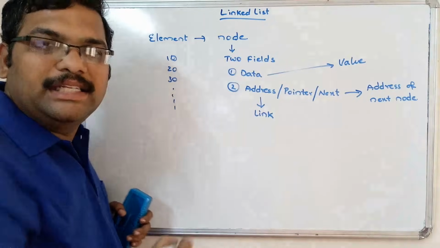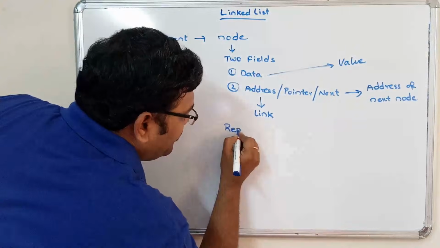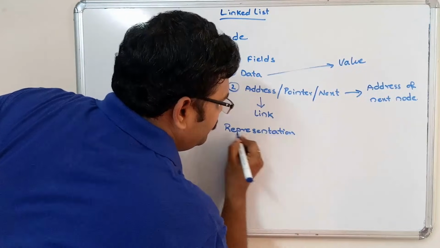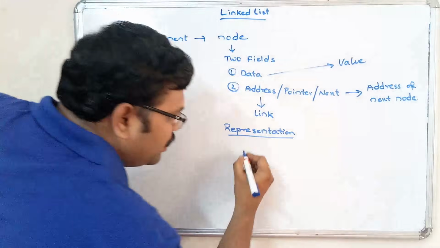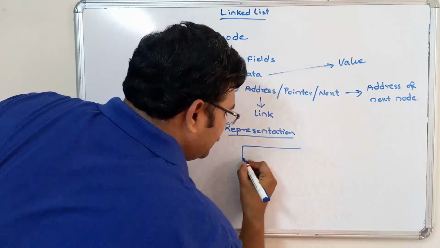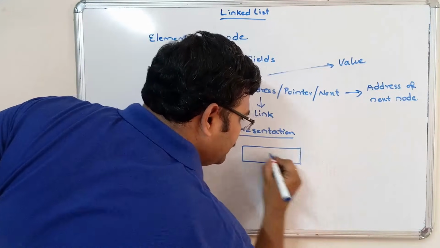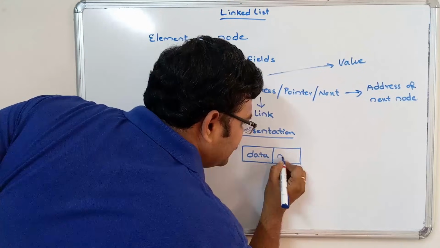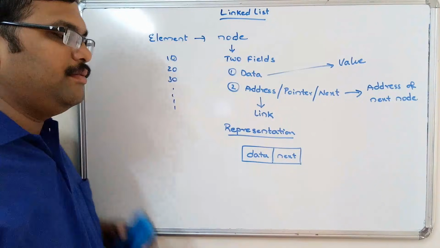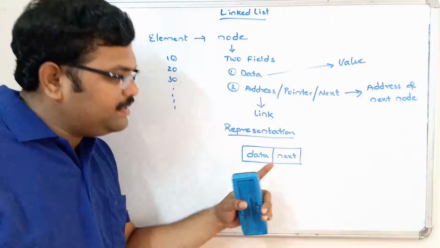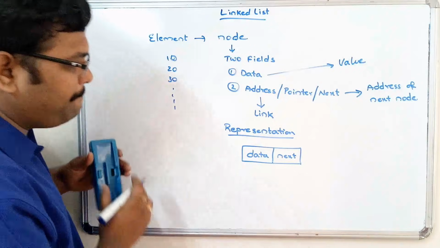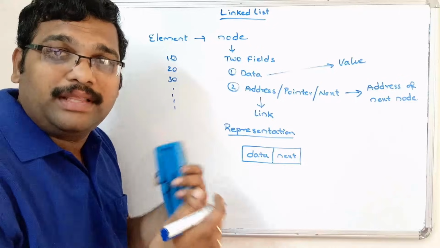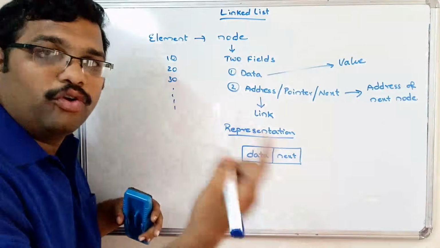So how to represent this node? Representation. A node is represented in two fields. See, this is the data field, this is the next field. Then if the list contains two elements or three elements, that means three nodes.